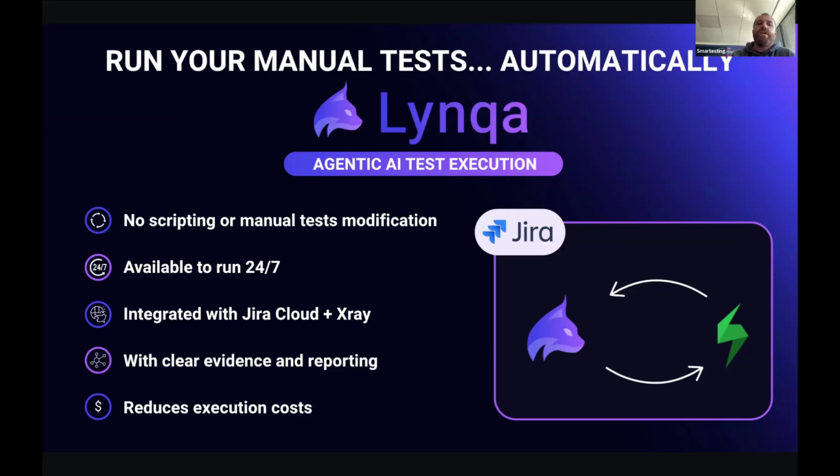It's fully integrated with Jira Cloud and Xray, and it provides you some clear evidence and reporting about what is done. Also, finally, the aim is to reduce the test execution cost and to free the tester and make them able to do tasks with more added value.